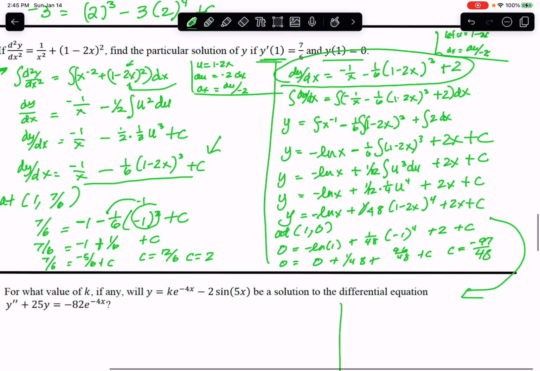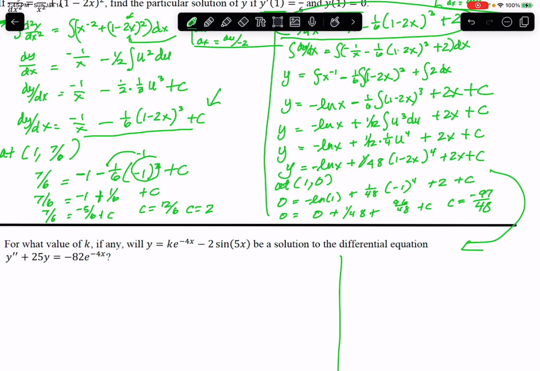Okay, and so I'm just going to write our particular solution now with that c. So we have y equals negative ln of x plus 1 over 48, 1 minus 2x to the fourth, plus 2x minus 97 over 48.